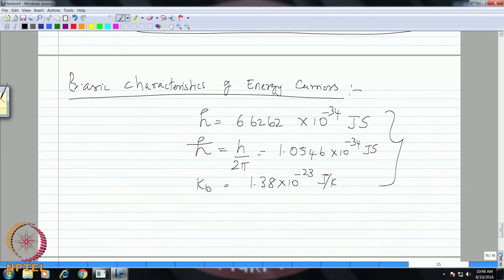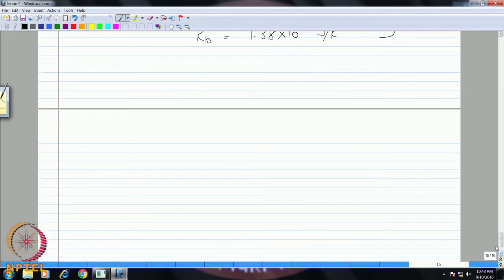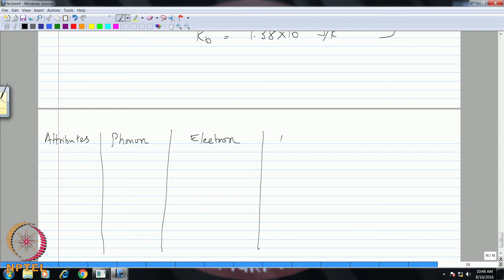So, let us go to the characteristics. I will have different columns here, attributes. First for phonon, electron, then we have molecules, and what else?